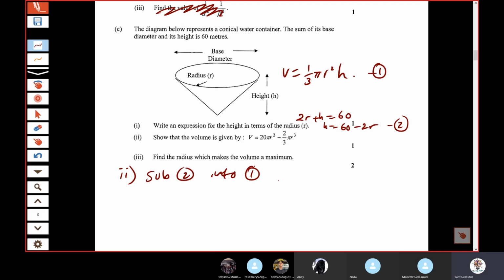V equals 1/3 pi R squared H. I don't understand what you're writing. Cube. This one's squared.